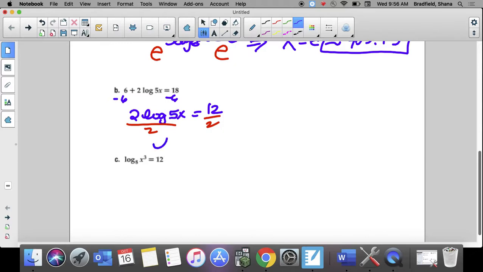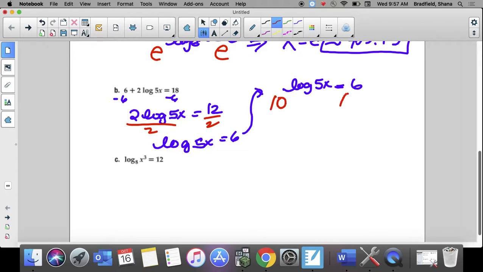So then now I have log of 5x equals 6. Remember that is a log base 10. I'm going to come up here because I'm running out of a little bit of room. We'll have log of 5x equals 6. And then since this is log base 10, I'm going to put a base of 10 when I write this exponentially.